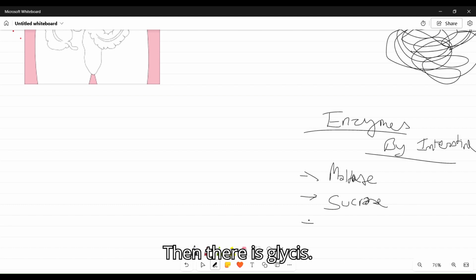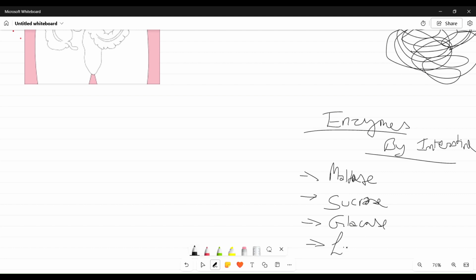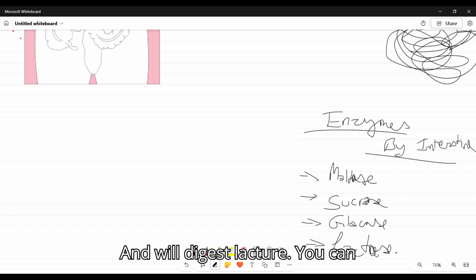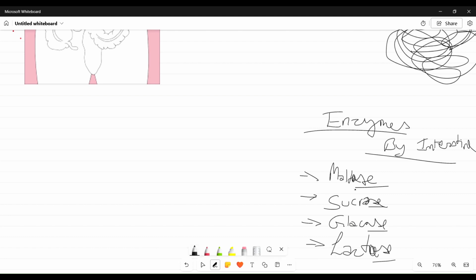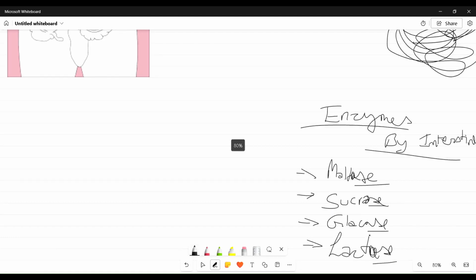Then there is glycase, which digests glucose. Then lactase, which digests lactose. You can see the enzymes end in ASE and the molecules they digest end in OSE. So this is the shortcut: maltase, maltose, sucrase, sucrose, lactase, lactose.